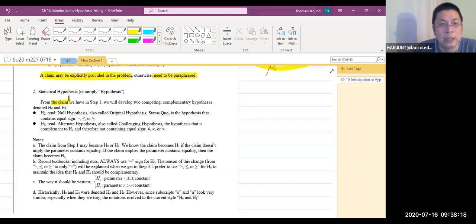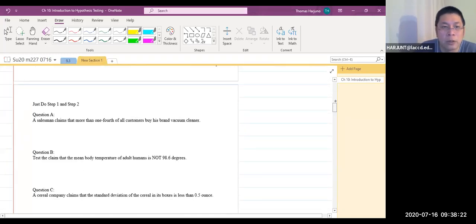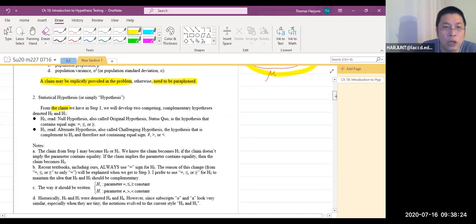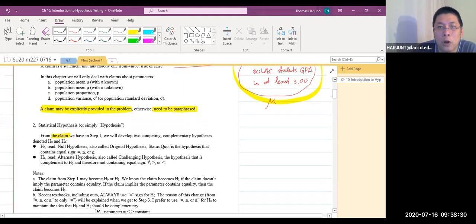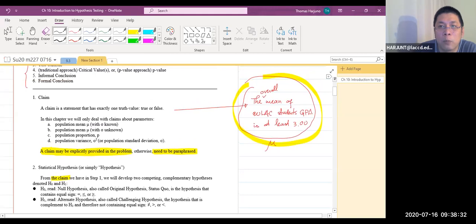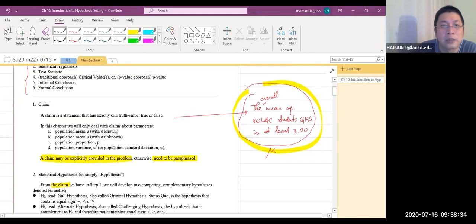Of course we will have examples later on, but let's just do a little example right now. Suppose from our claim, step 1, the claim is this.